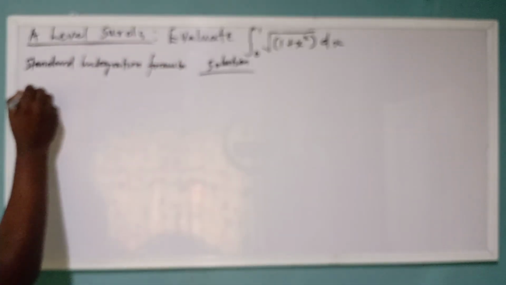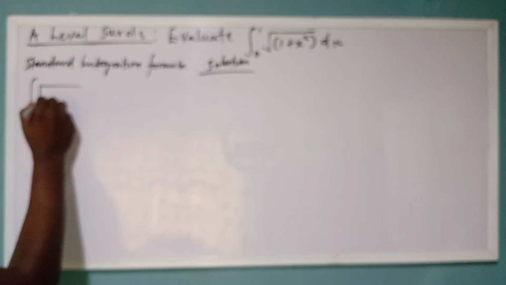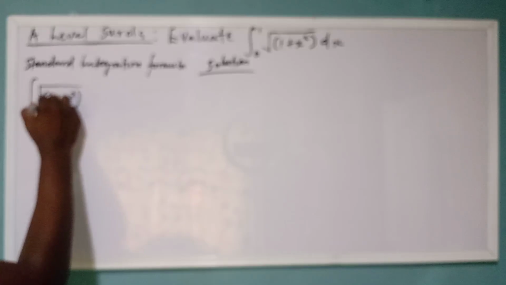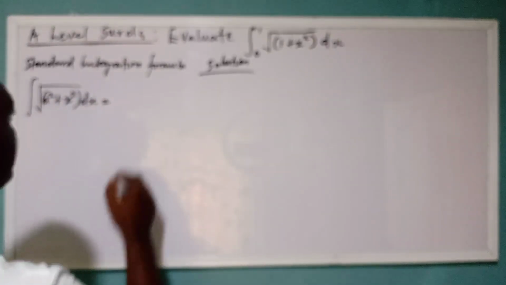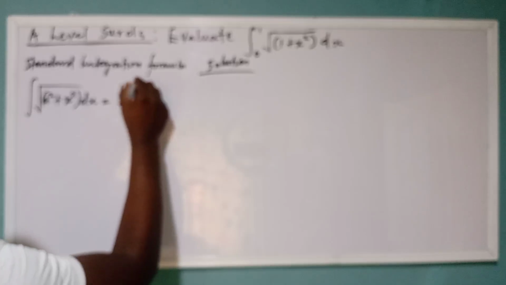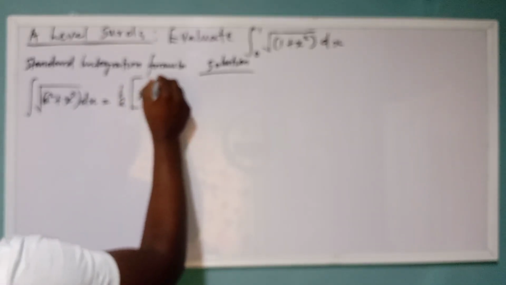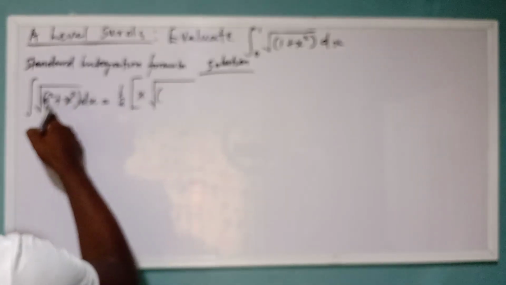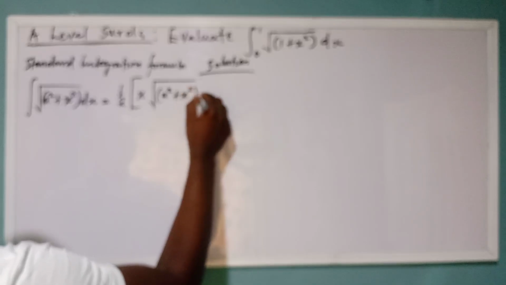is given by integral of square root of a squared plus x squared dx should be equal to 1 over 2 x square root of a squared plus x squared.